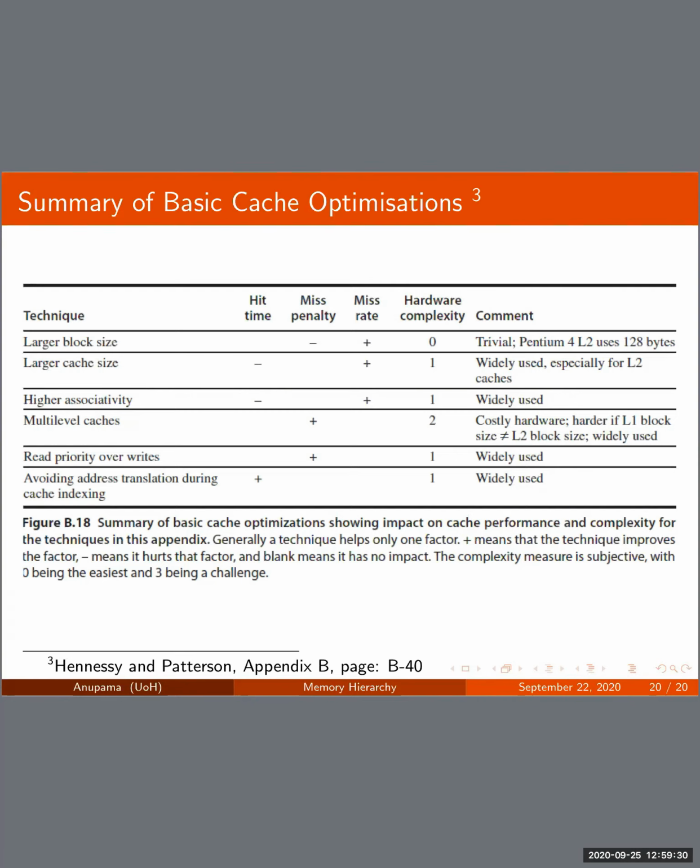Higher associativity increases hit time and reduces miss rate. Multi-level caches reduce miss penalty, with no effect on hit time and miss rate. Giving read priority over writes reduces miss penalty, and avoiding address translation reduces hit time. Okay, so these are the various 6 optimizations that we talked about.